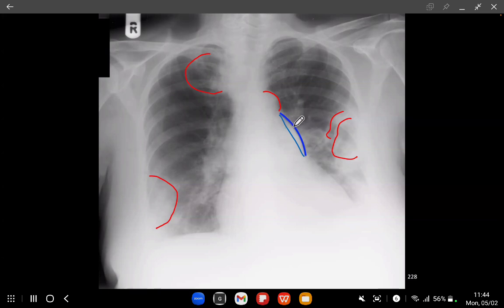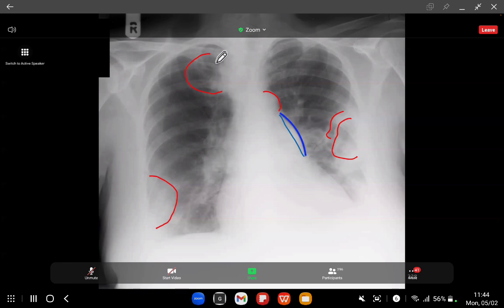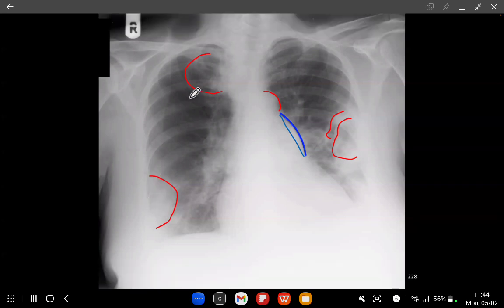So we've got pulmonary artery hypertension, we've got multiple cavitary lesions, we've got a pulmonary infarct that is about to cavitate, and so you can use the X-ray to work out exactly what the cause is.